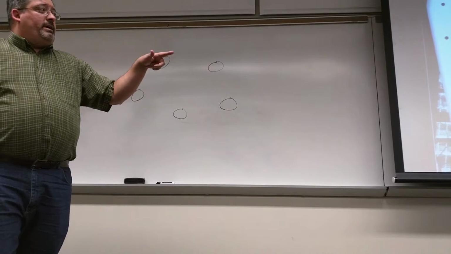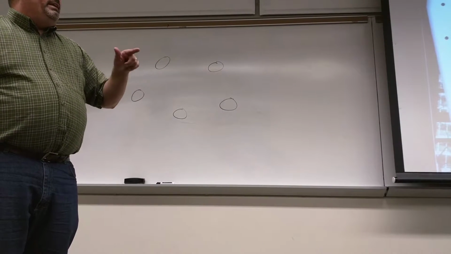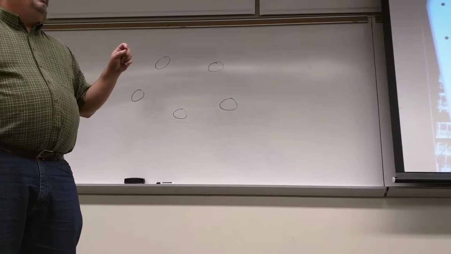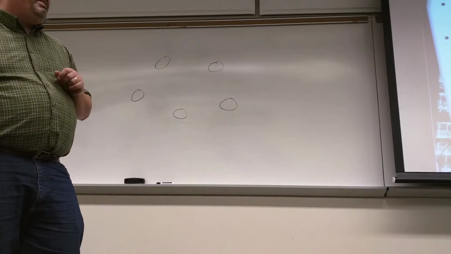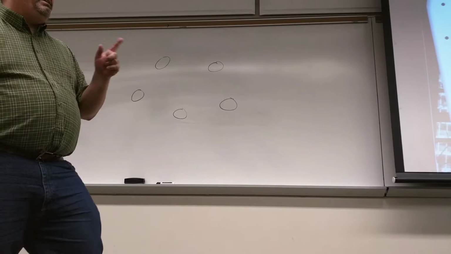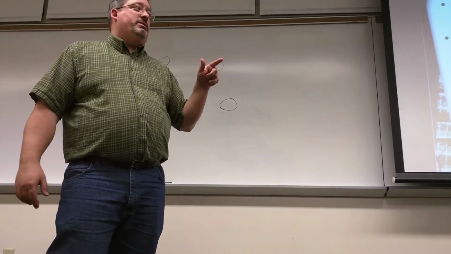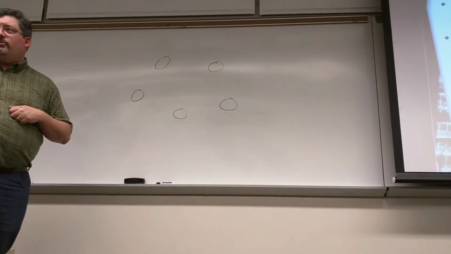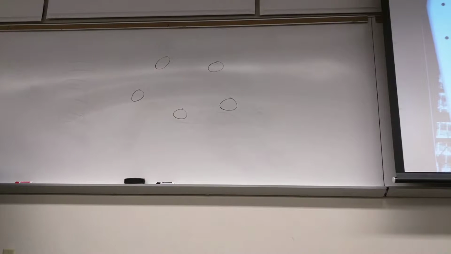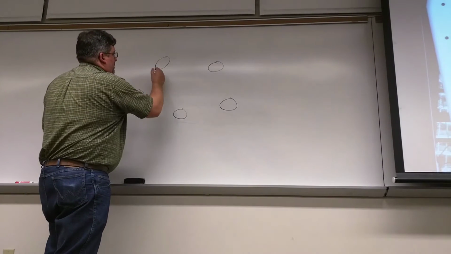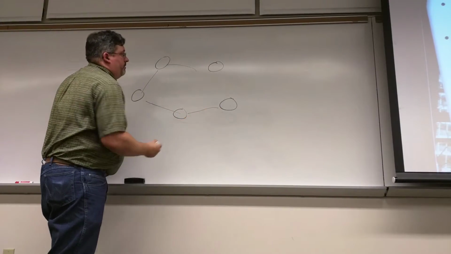A connected undirected graph with n vertices, sorry, and exactly n-1 edges cannot contain a cycle. Actually, I was wrong when I said this. 4 would be 1, 2, 3, 4. Okay.